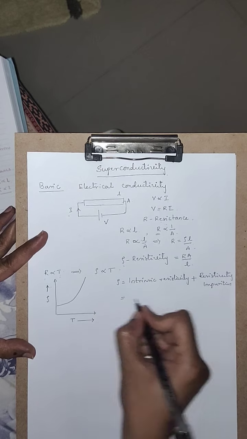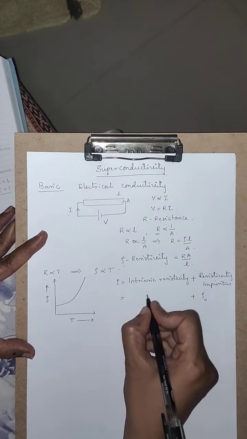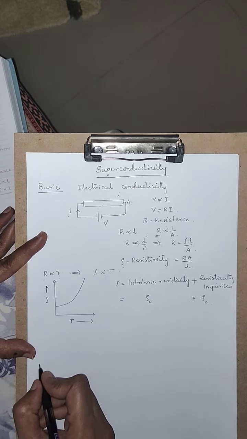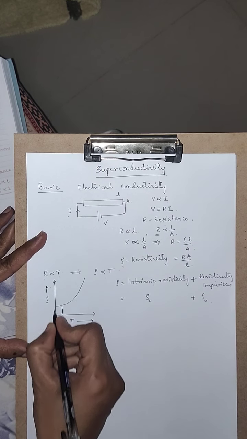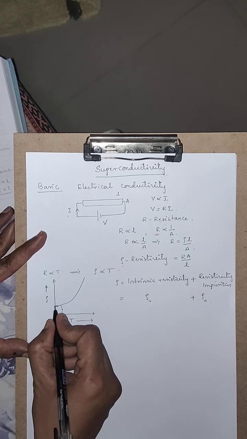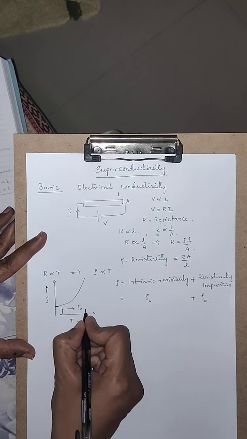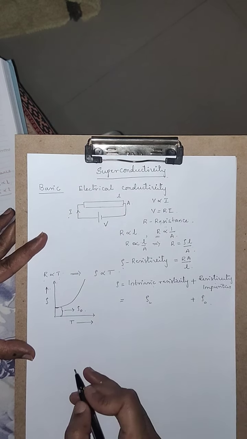So this is known as residual resistivity, that is rho naught, and this is the intrinsic resistivity, I can write it as rho IR. So this part of the resistivity, even though the temperature is 0, this resistivity is appearing, and this is nothing but the residual resistivity, or the resistivity due to the impurities.